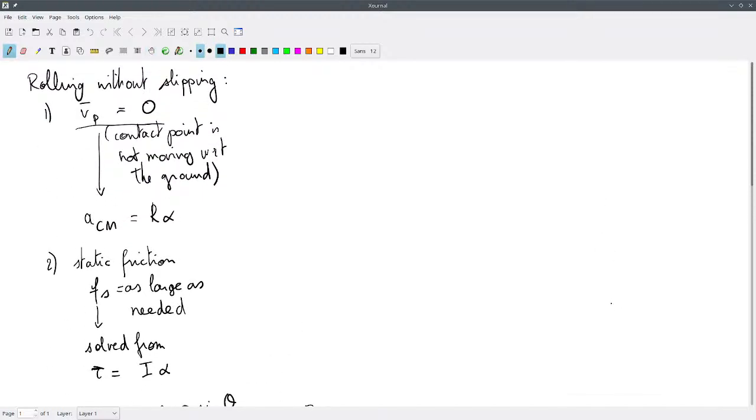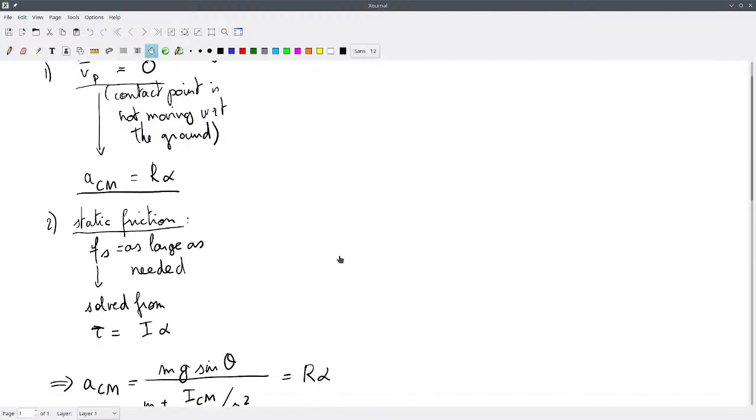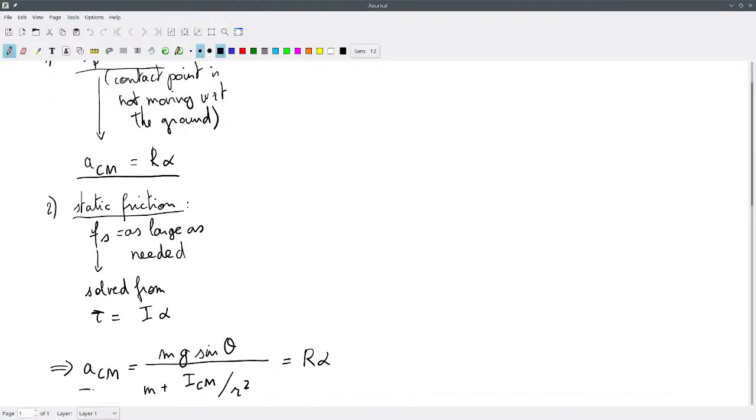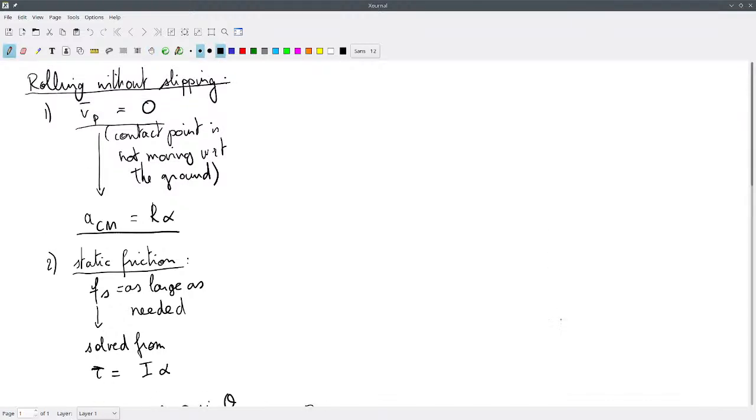Just to remind you, we started from the fact that the contact point is not moving. That allows us to calculate the connection between the angular and the linear acceleration. And then we used static friction, which allowed us to ultimately get to the answer by determining the value for static friction.